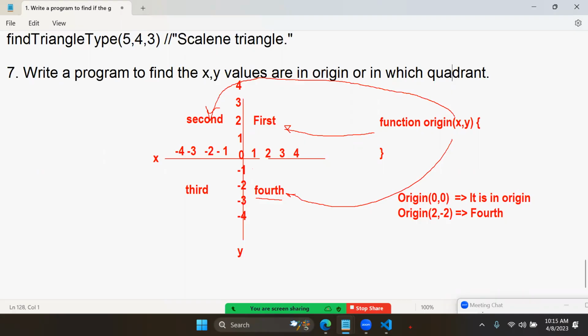Then X is less than 0 and Y is greater than 0. Then it is second. X is less than 0 and Y is less than 0. Then both are equal, then good.